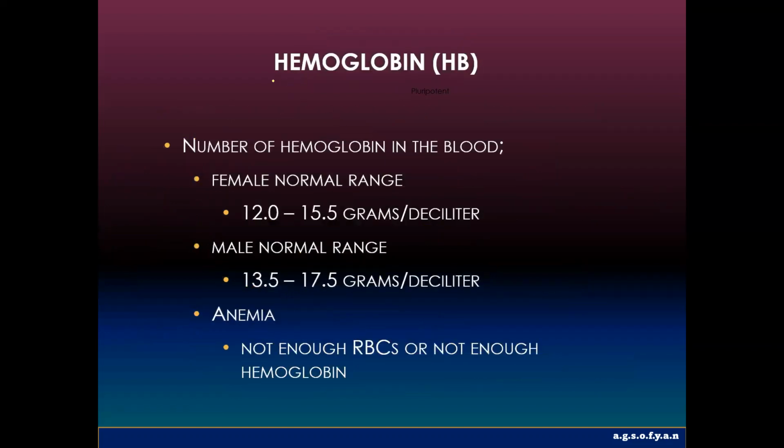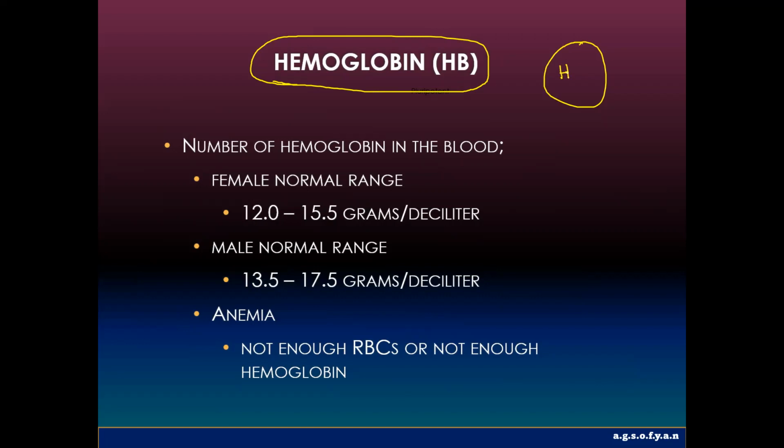Another way to measure the oxygen capability in our blood is by measuring the hemoglobin concentration. Remember, one third of a red blood cell is actually filled with hemoglobin. So we can calculate the concentration of hemoglobin in the red blood cells. There is a special equipment to measure this hemoglobin.